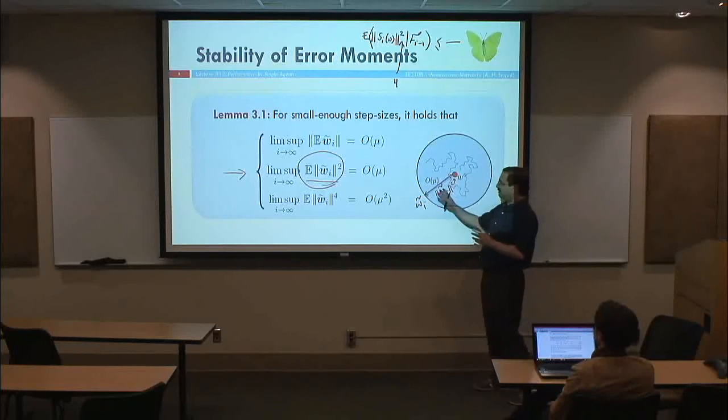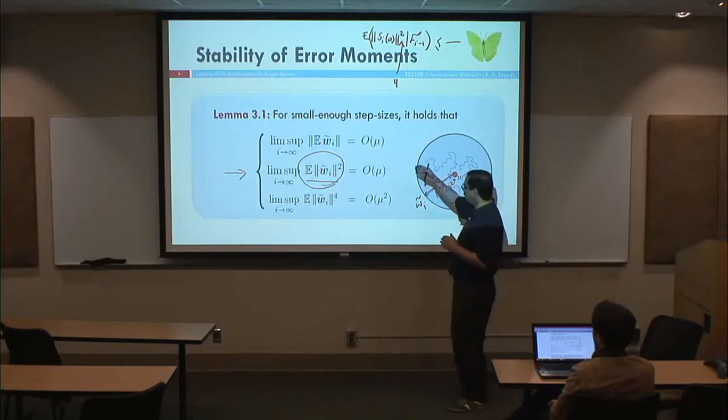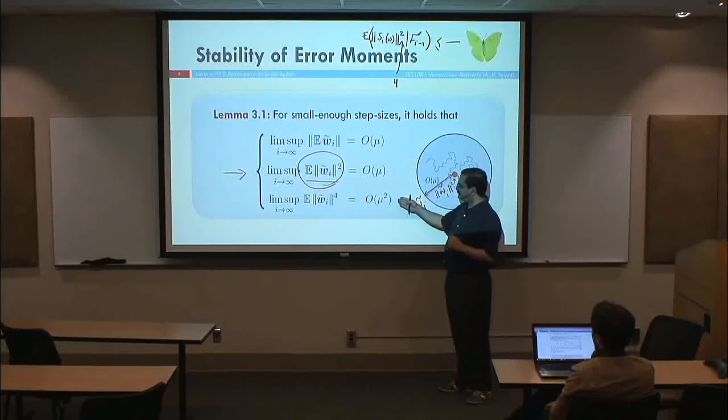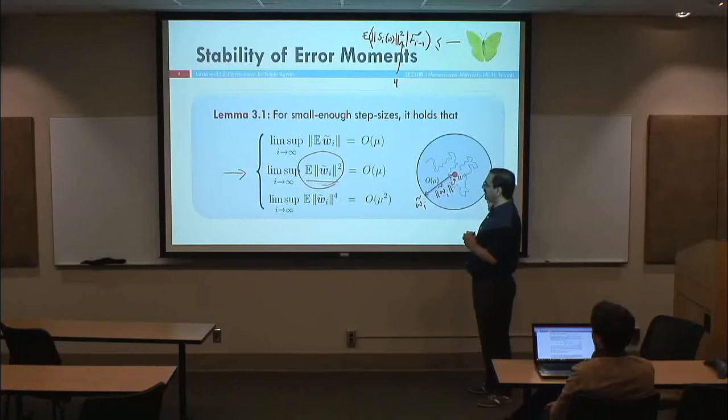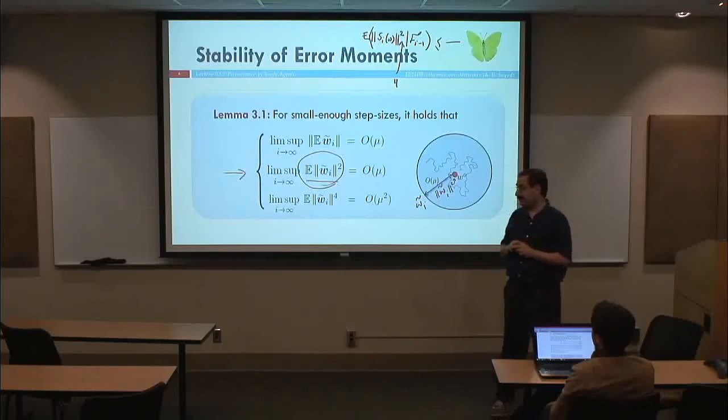Of course, these results simply tell you that the algorithms are stable, whether you are looking at second order stability or fourth order stability, that the error vectors remain bounded, but they don't tell you exactly what the size of the variance of the weight error vector is.